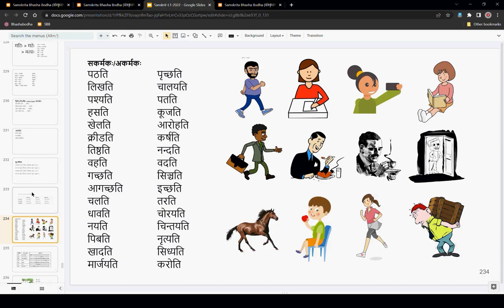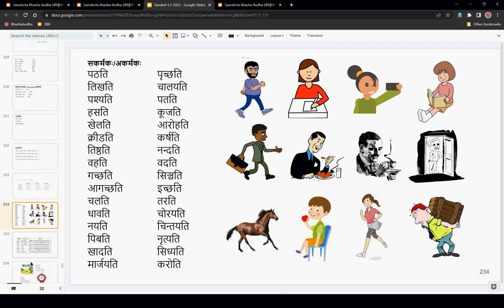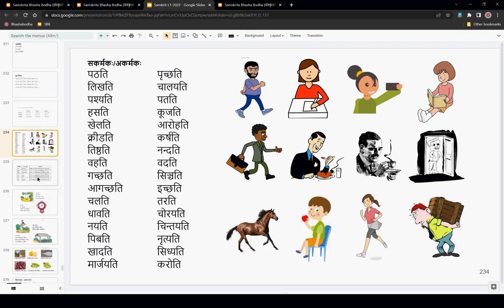I'm reading a book. Whereas Akarmaka is intransitive. So I'm running. You can't ask I'm running what. So if it takes a direct object, then it is Sakarmaka. If it doesn't, it's Akarmaka. Transitive and intransitive. Yes. Is that okay, sir? Yes, perfect. Okay. Dhanyavada. So we'll proceed forward.